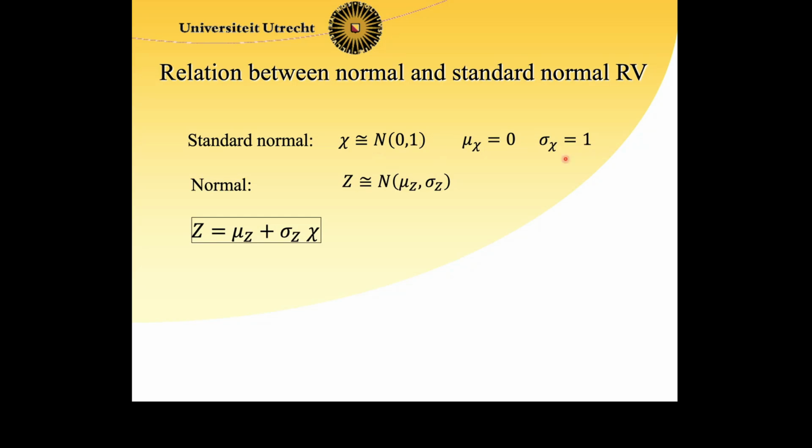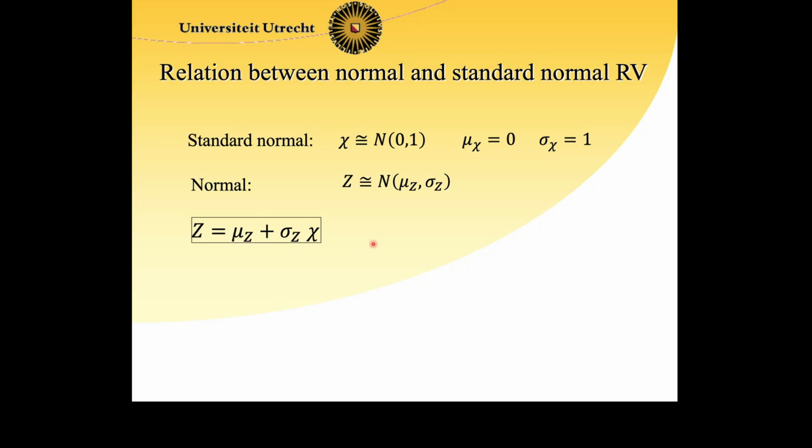Any normally distributed variable has a Gaussian distribution with a given mean and a given standard deviation, and it can be related to the standard normal by that z is equal to its mean plus its standard deviation multiplied times a standard normal distributed random variable. So z is mean plus sigma times chi.